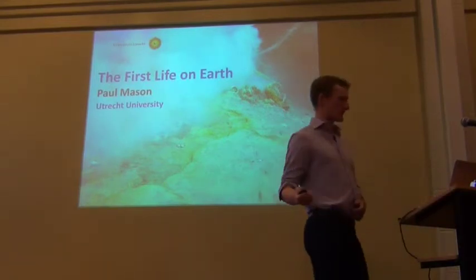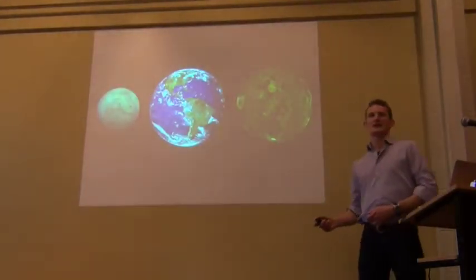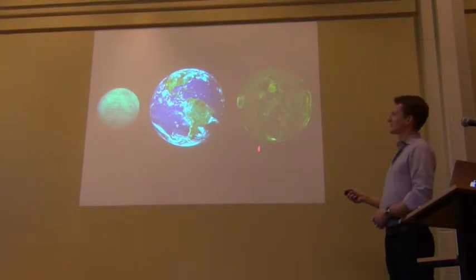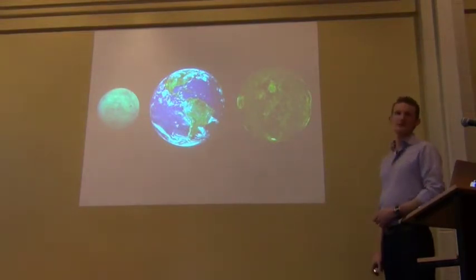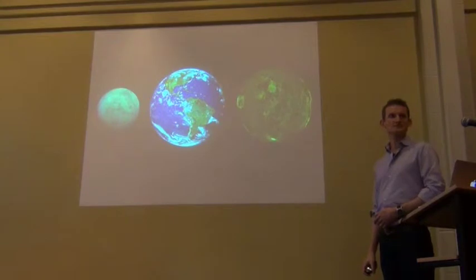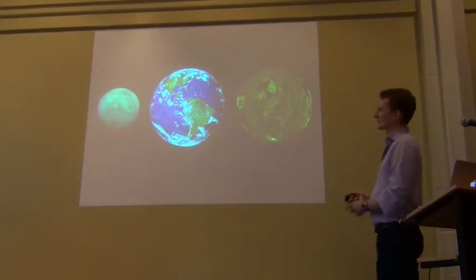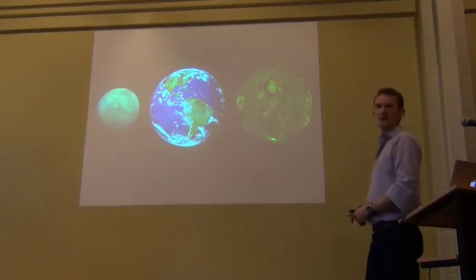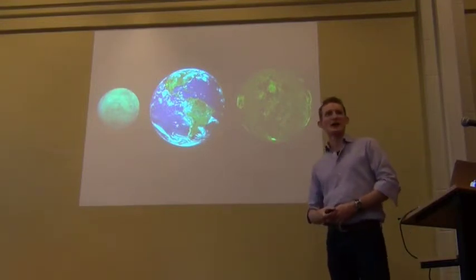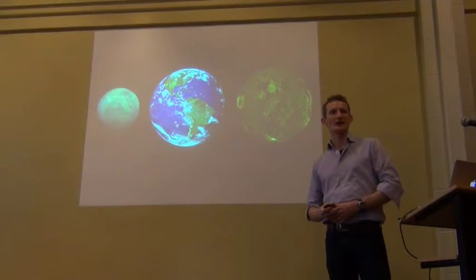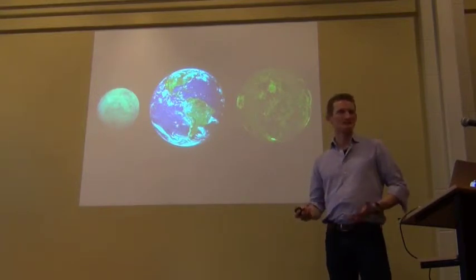I want to talk about the first life. We live on Earth. Here's our planet. It's very special. In the solar system, we have Mars very close, we have Venus. There's no life on either of those planets, as far as we know.